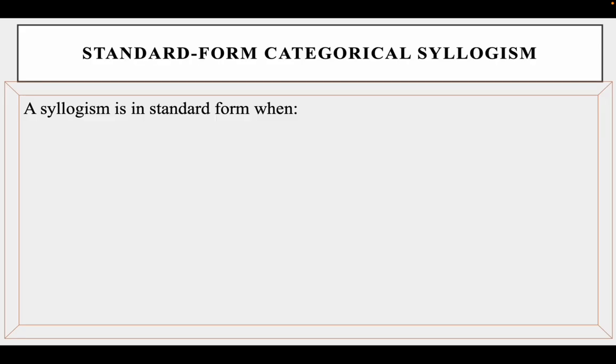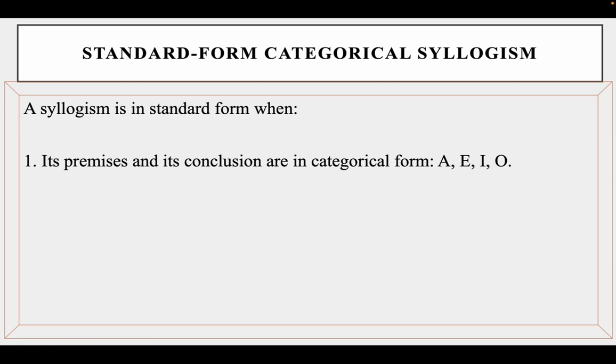Now, a standard form categorical syllogism is in standard form when, first of all, its premises and its conclusion are in categorical form.